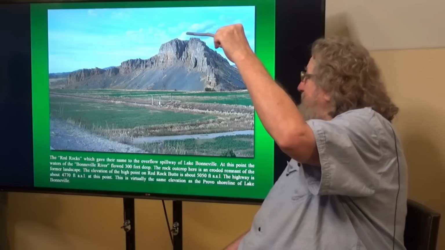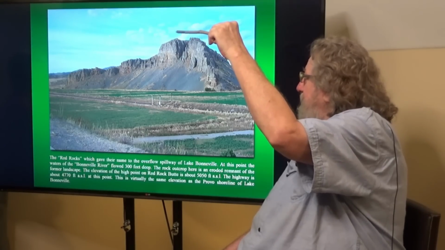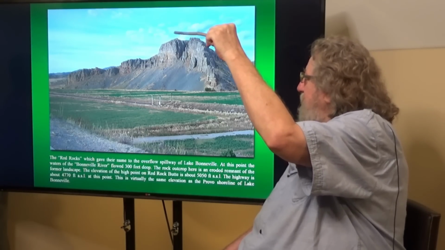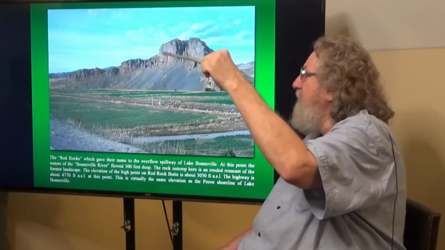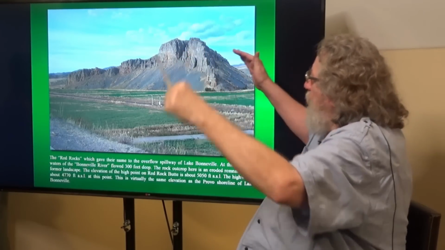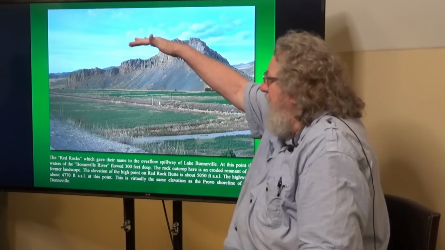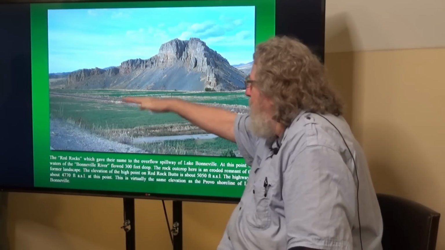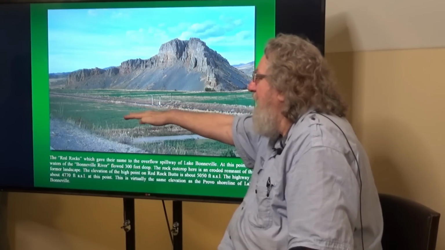So basically what we're saying is that not too far above Red Rock Butte here was the pre-flood landscape surface up here. Got that? Once the water flowed over, it rapidly ate its way down to this level, and then it stabilized.